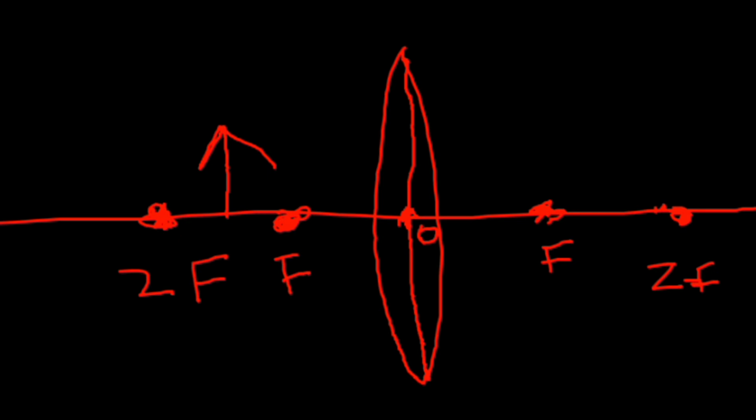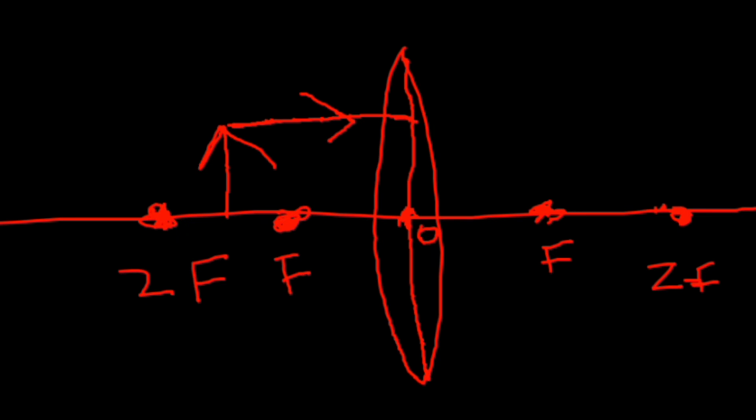Now we have to form the image. First of all, draw a straight line that starts from the top of the object and moves parallel to the principal axis and strikes the vertical line. This is the ray.